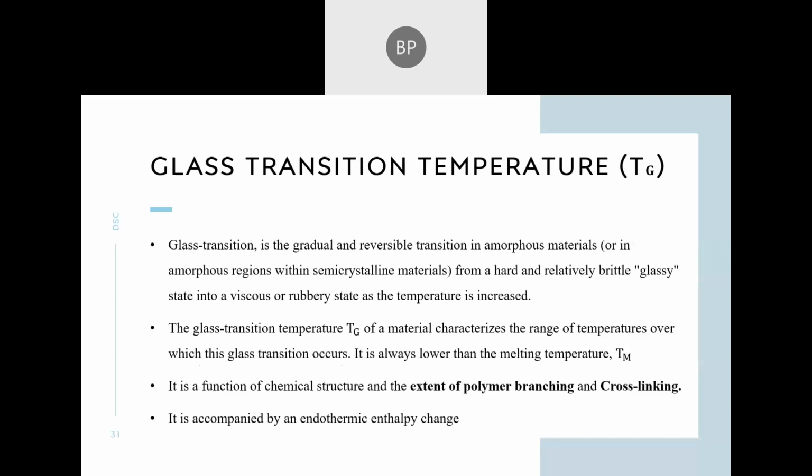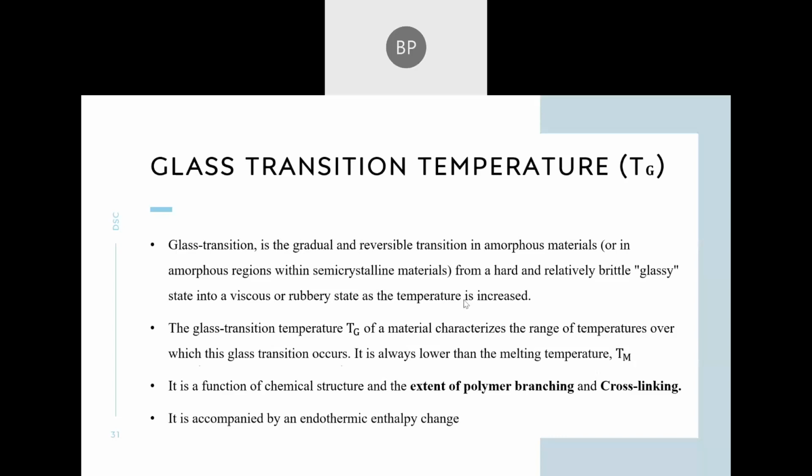Yeah. So coming to the transitions, one of the most important transitions that we use most widely in DSC is the glass transition temperature, defined as Tg. This glass transition temperature is the temperature where the material changes its state from hard and brittle to viscous and rubbery.